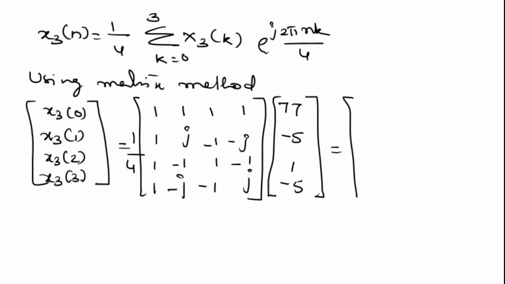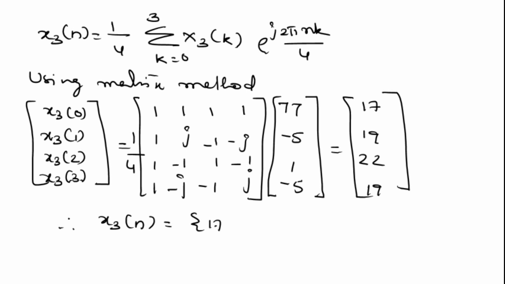Then the answer will be 17, 19, 22 and 19. Therefore, x3 of n is equal to 17, 19, 22 and 19.